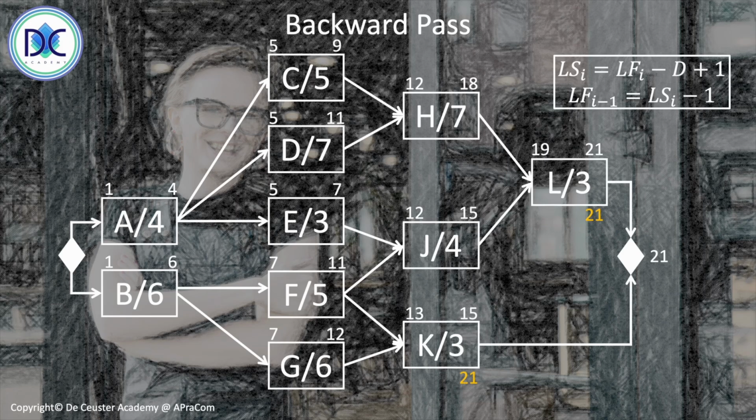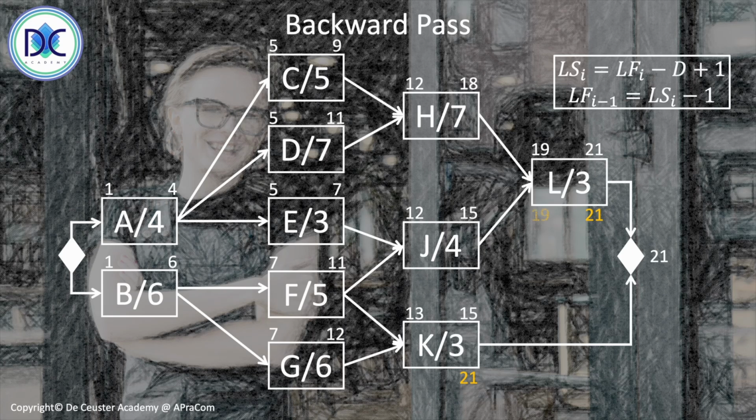As long as those two activities don't finish later than period 21, there is no delay on the project. So both of them have a late finish time equal to the highest early finish time of the two ending activities, L and K. So we calculate back from 21.